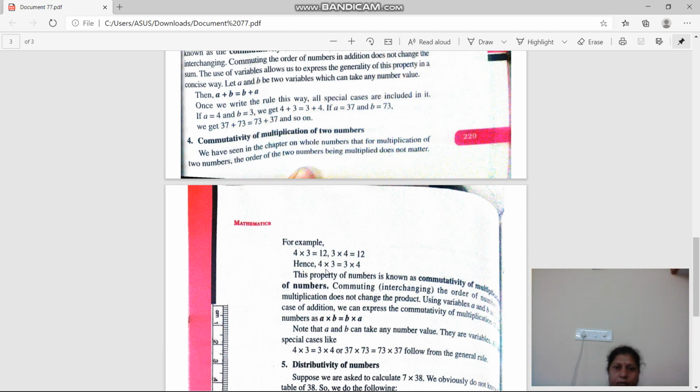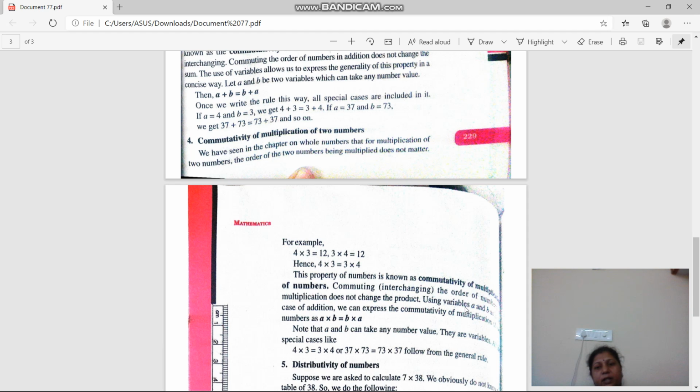So, 4 into 3 is equal to 3 into 4. This property is known as the commutative property of multiplication of numbers. Commuting means interchanging the order of the numbers. Multiplication does not change the product.